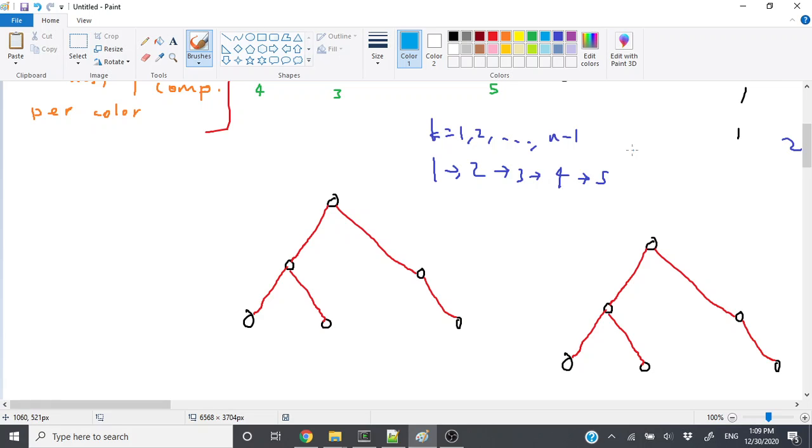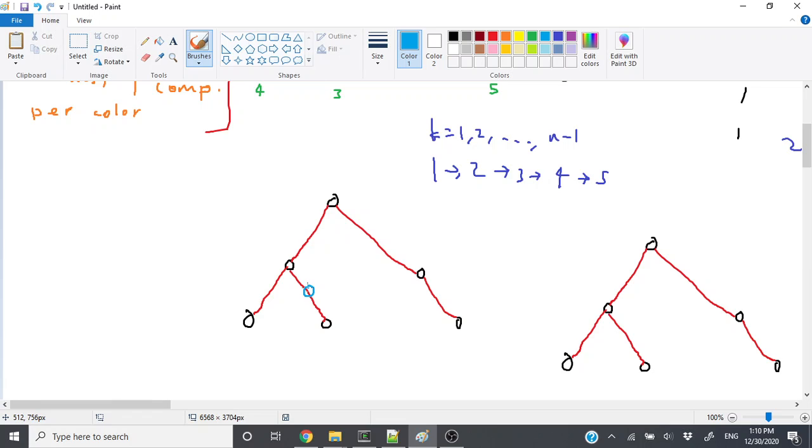Now the answer for k equals 2 is a bit different. Because we don't want to split one component into two, we're going to start by taking some edge that's from a leaf or something.